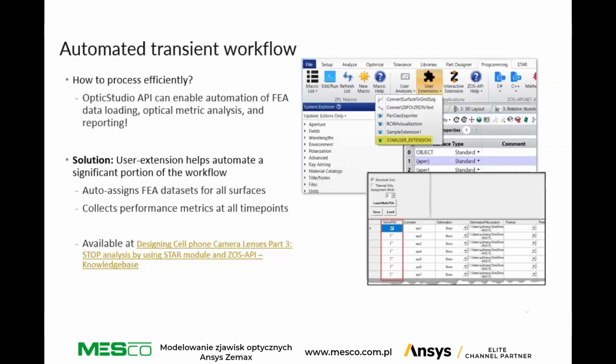And in the background, a copy of the lens system is created and saved with a number. So basically, this extension is available in the user extension. You need to download it first from this article. It will allow you to load multiple data sets and assign them in an automatic way to your system.